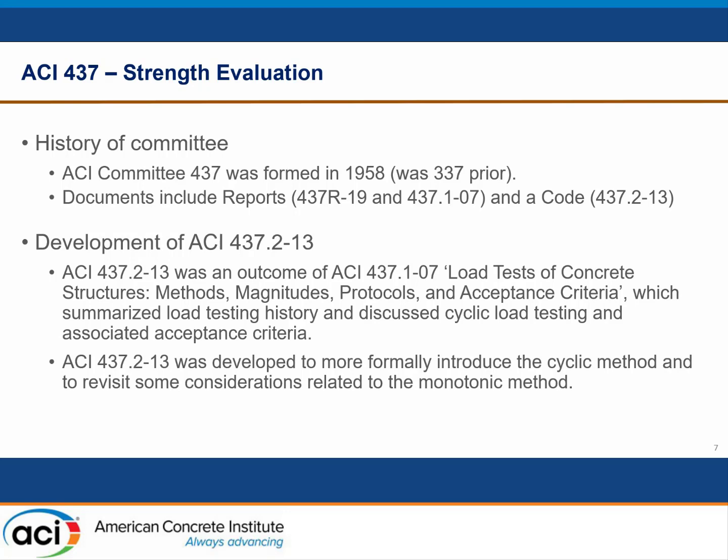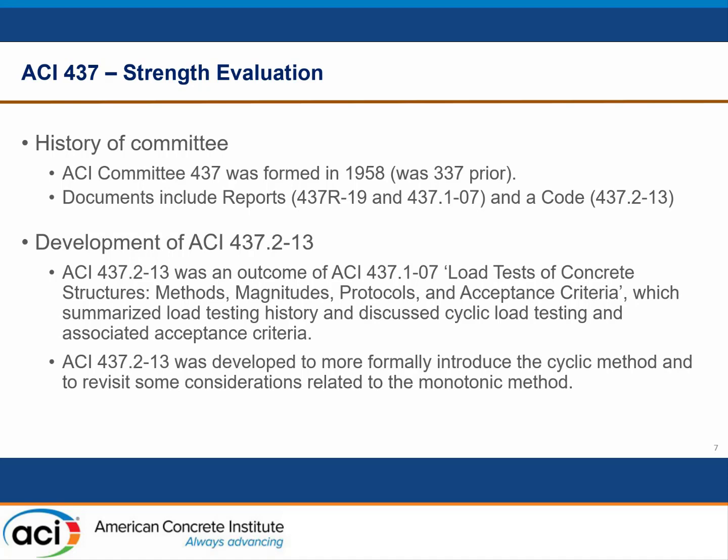Finally, and I'm going to talk about this next month at the ICRI convention, in a presentation entitled Punctuated Equilibrium. That's an example of something that rapidly changes in a short time frame because of a radical change. And that radical change was the development of ACI 437.2-13.